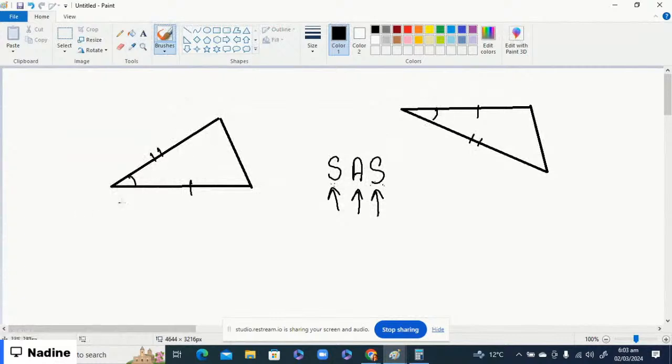Because their two sides and one angle are equal, so we can say that these triangles are congruent. For congruent triangles, which have the same shape and the same size, the shapes are exactly equal to each other, even if they are turned or flipped this way. Look here, there is a flip or turn. Otherwise, if they have the same shape and same size, they are exactly equal to each other, so these become congruent.